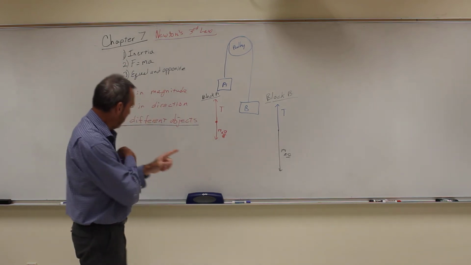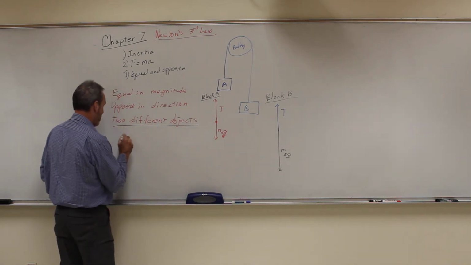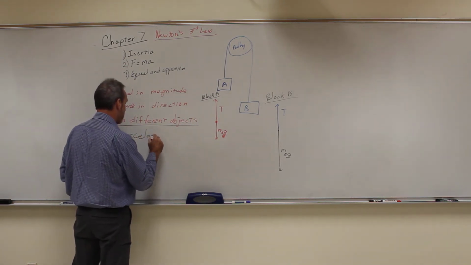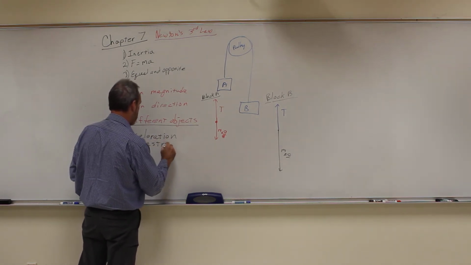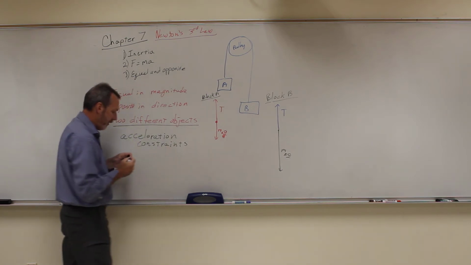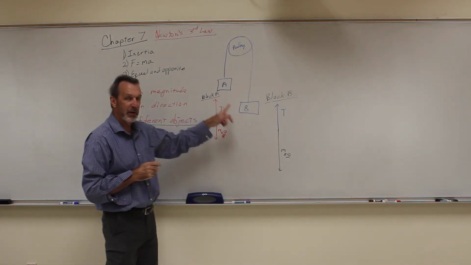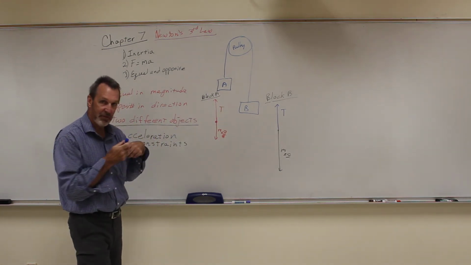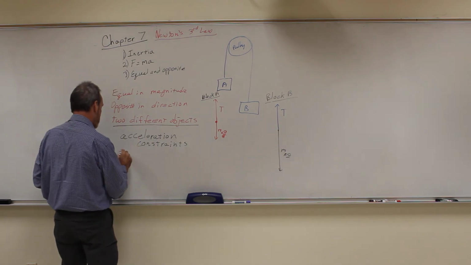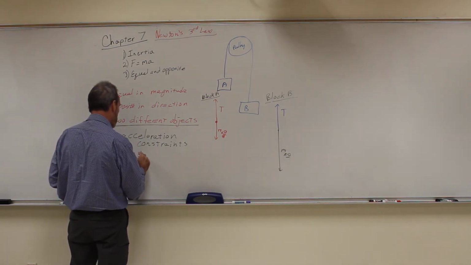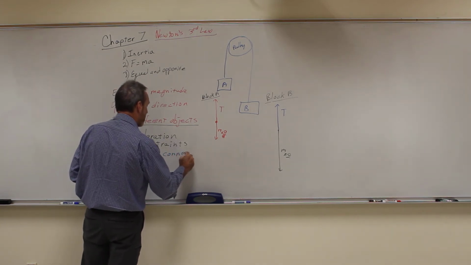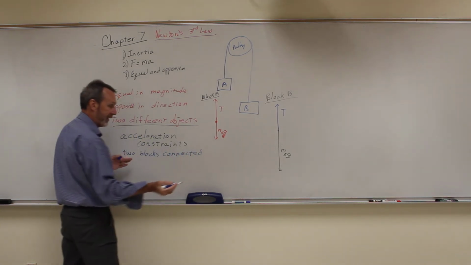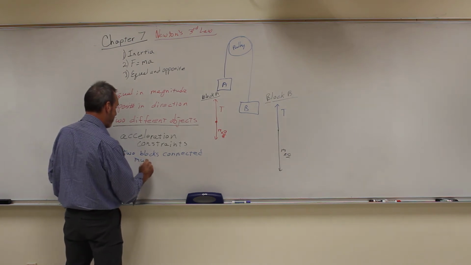Let's talk about acceleration constraints. If the two blocks are connected by a rope, they must have the same acceleration. Two blocks connected together by anything must have the same acceleration.